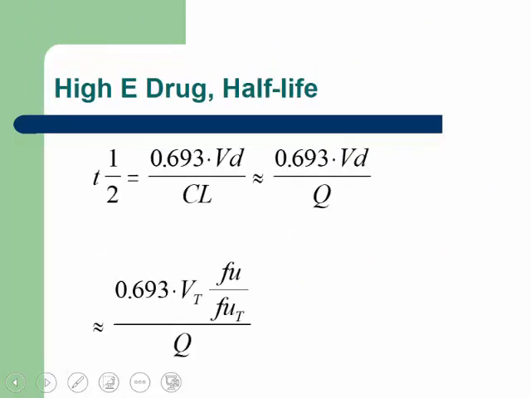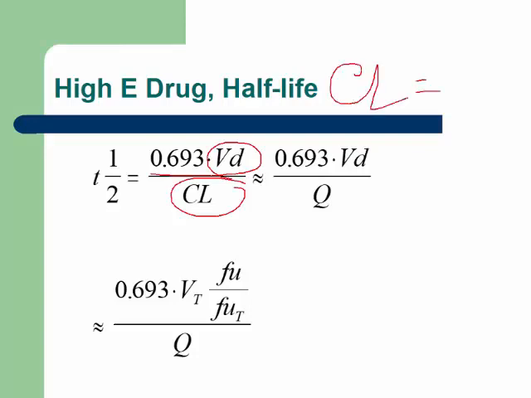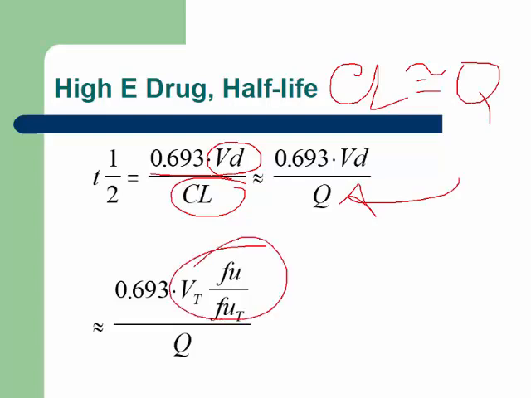All right, what happens with a high extraction drug as far as the half-life goes? So this is a drug cleared by the liver, high extraction. The half-life is dependent upon volume over clearance. Clearance for a high extraction drug is approximated by Q. Our volume of distribution is VT times fraction amount of plasma over fraction amount of tissue.